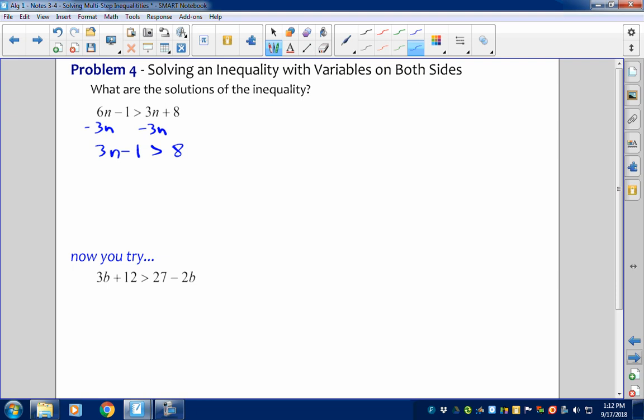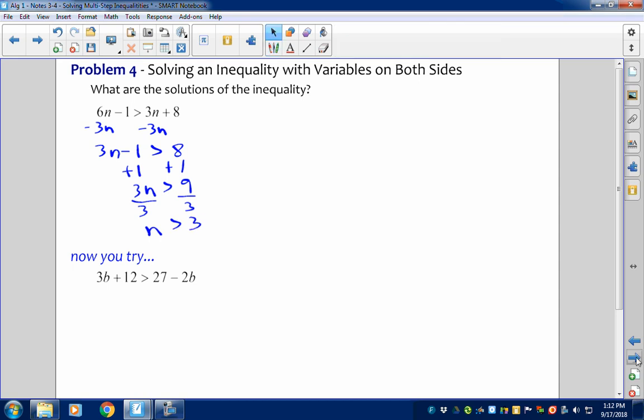Yes. Could you subtract 6n over? Yes. There are lots of different options, but if we can keep that number in front of the letter positive, we don't have to flip the inequality's direction later on. So add 1 to each side here. 3n is greater than 9, and then divide by 3. So n is greater than 3.